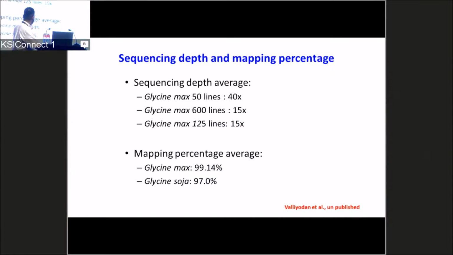We sequenced the most diverse lines at approximately 15x genome coverage. Then we compared with the existing reference genome and found the mapping percentage is close to 99%. Then we looked at the remaining 1% to see what mutations are available in soybean.